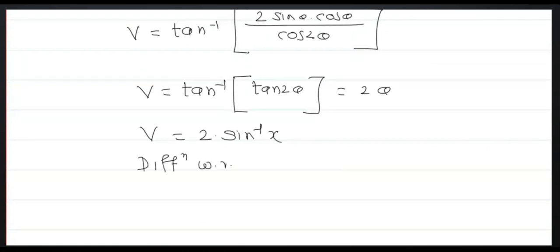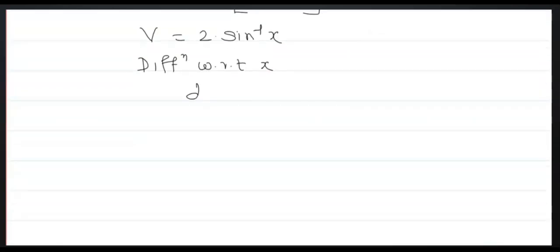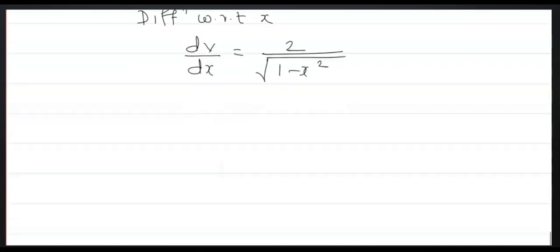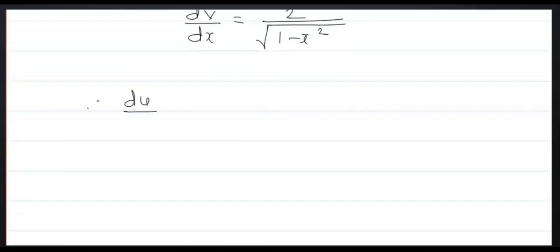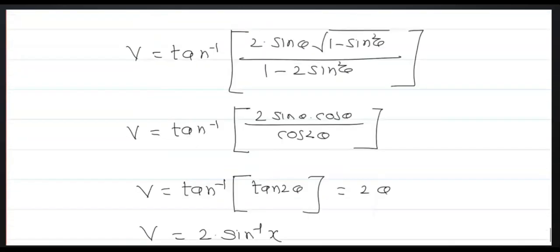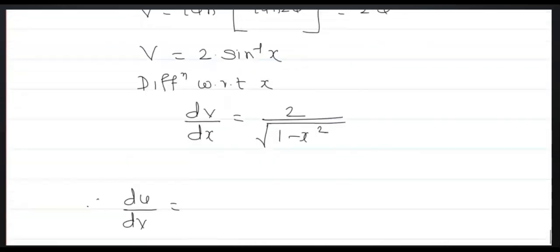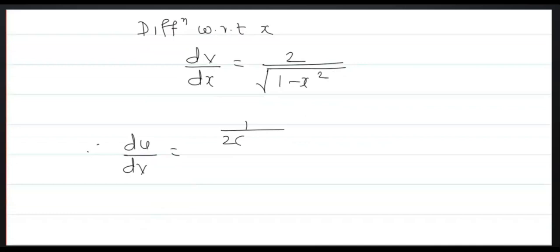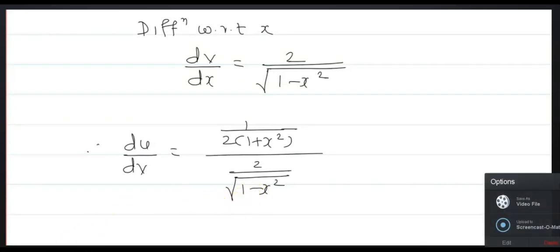Now differentiate this with respect to x. Then you will get 2 upon root of 1 minus x square, and that's why du upon dv is equal to 1 upon 2 in bracket 1 plus x square upon 2 upon root of 1 minus x square.